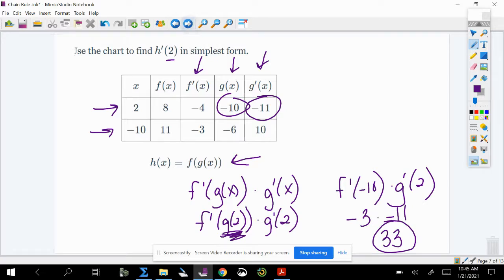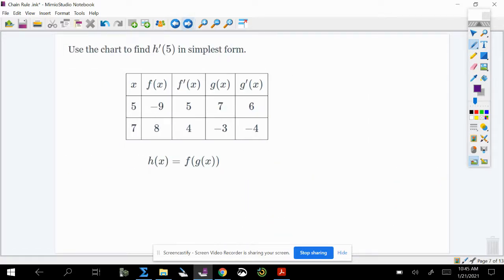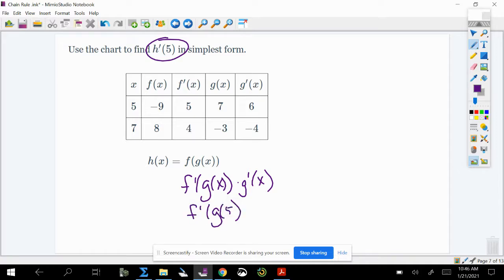I'm going to do one more of those just so you get to feel comfortable with it. So again, we have a composite function. So the derivative is the outside derivative, keeping the inside the same, times the derivative of what's inside. We are trying to evaluate the derivative at 5. So we're going to have f prime of g of 5 times g prime of 5. So again, work inside out.